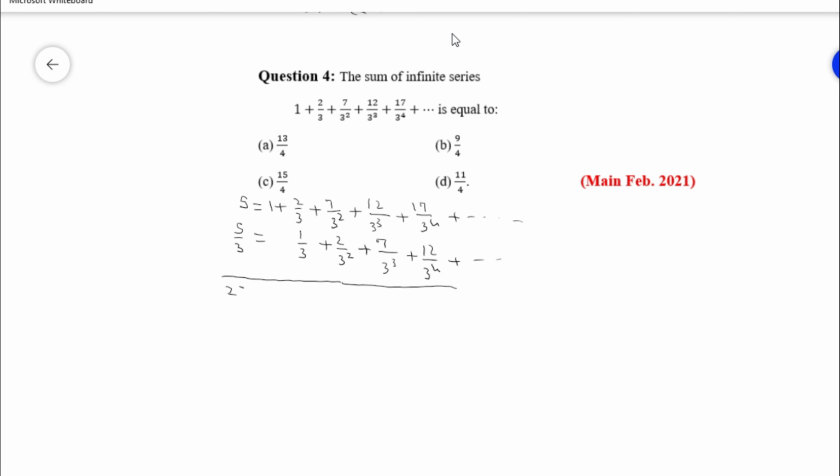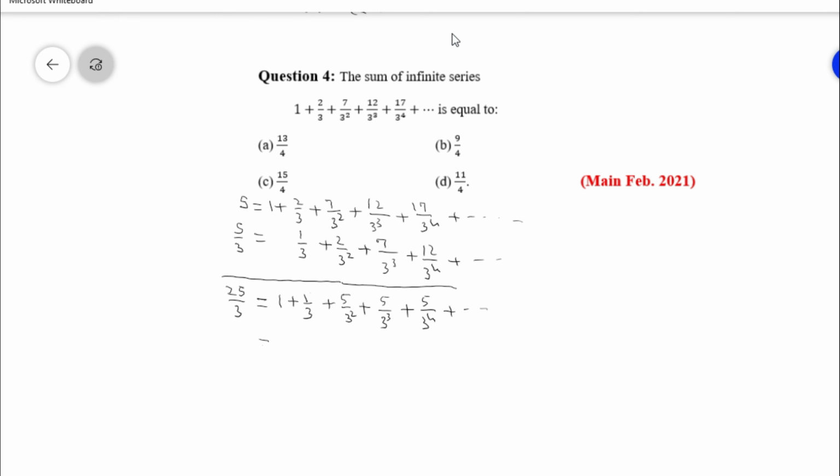So this will be 2s/3 left hand side, and this will be equal to 1 plus 2/3 minus 1/3, 1/3, 2/3 plus 1/3, 1/3, and this will be plus 7 minus 2, 5, 5/3 square plus 5/3 cube plus 5/3 की पावर 4 plus and so on.